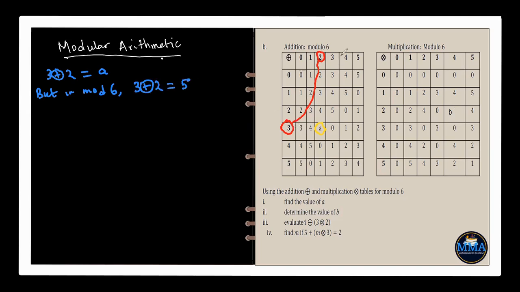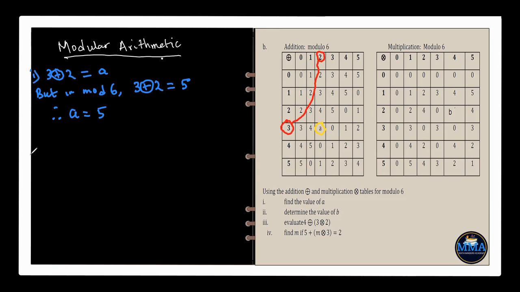So if 3 plus 2 equals 5, it means that A equals 5, because A is the result that we get when we add 3 and 2 together. The result we get is what we call A. And from here, we can see that A is actually 5.